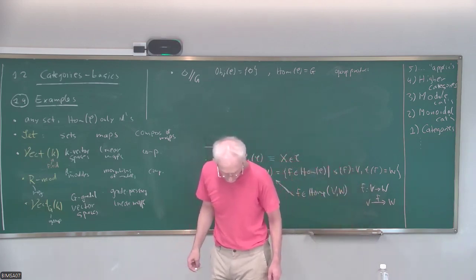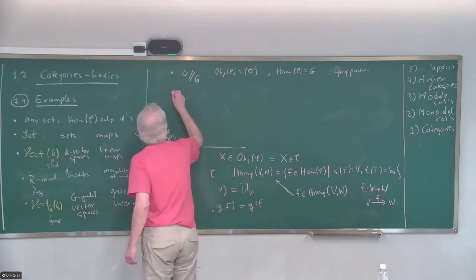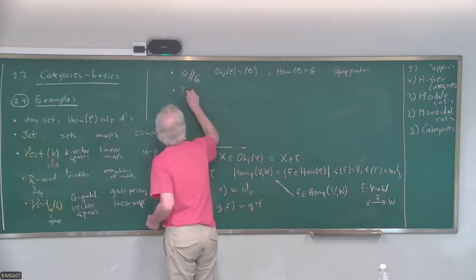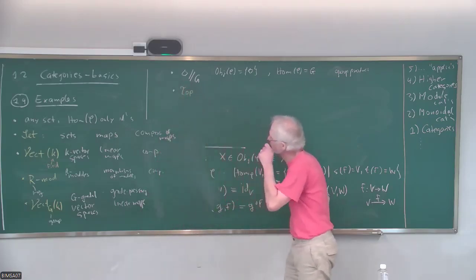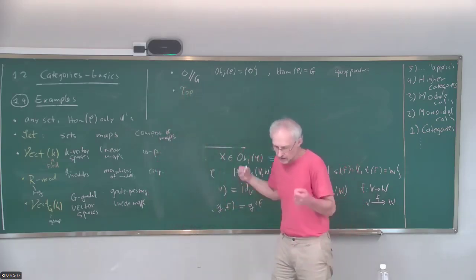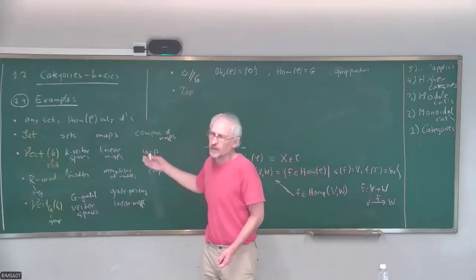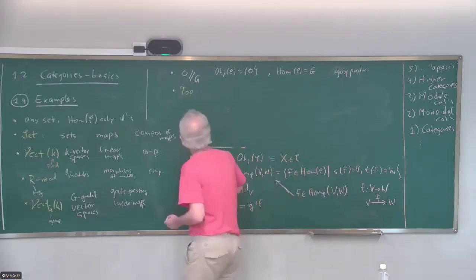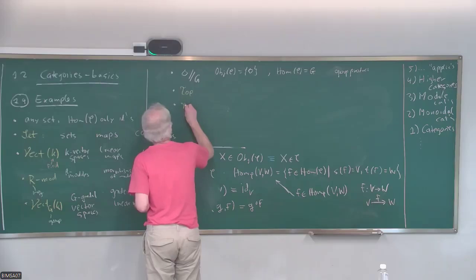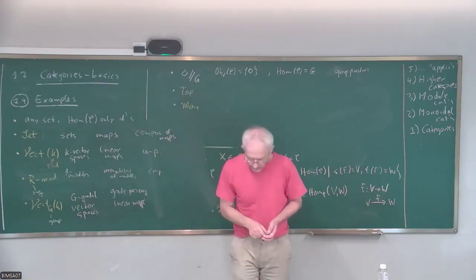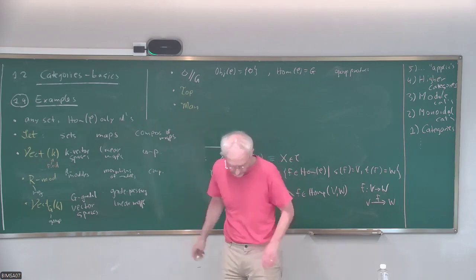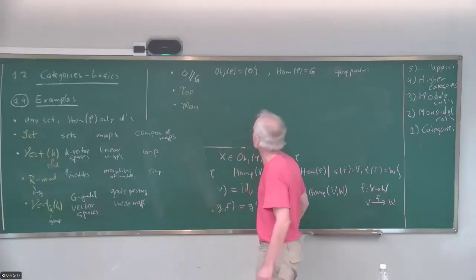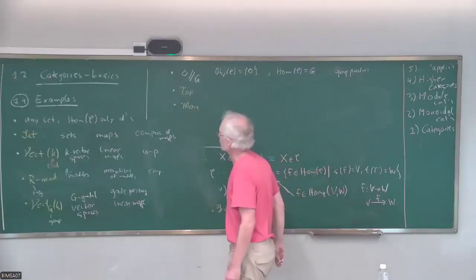And then just for completeness, in case I mentioned this at some point, an important category is the category of topological spaces. Objects are topological spaces. Morphisms are continuous maps. And then as a special case of that, you have a category of manifolds of some dimension, or maybe of arbitrary dimension even, where you have smooth finite dimensional manifolds and smooth maps as morphisms.